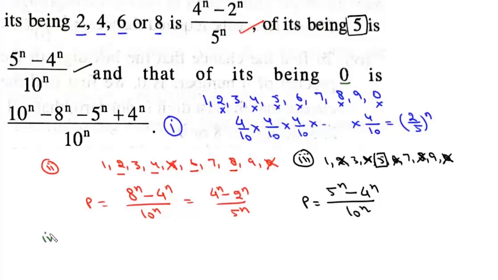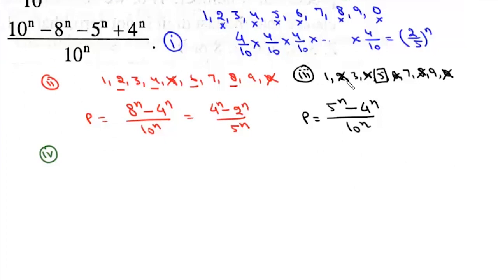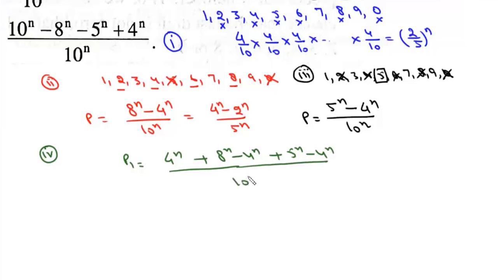Now basically all these 4 cases are mutually exclusive and exhaustive. So first we'll find the sum of all these 3 probabilities. Say it is P1. Now this is (2 by 5) to the power n, which is 4 to the power n, this one is 8 to the power n minus 4 to the power n, and this is 5 to the power n minus 4 to the power n, upon 10 to the power n.